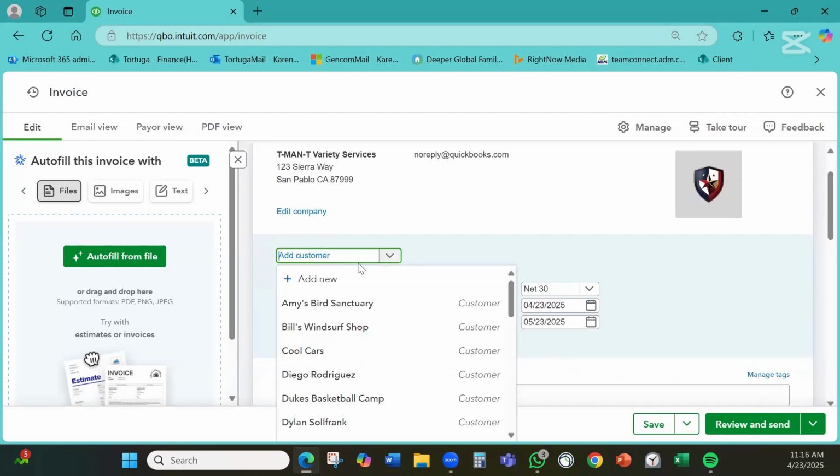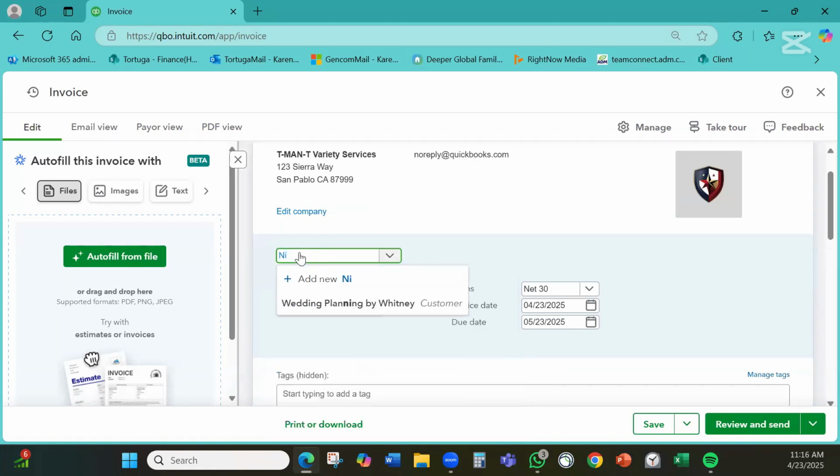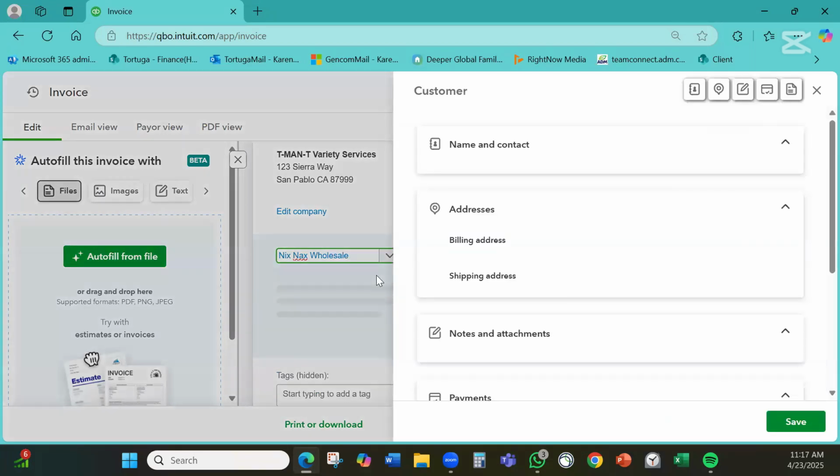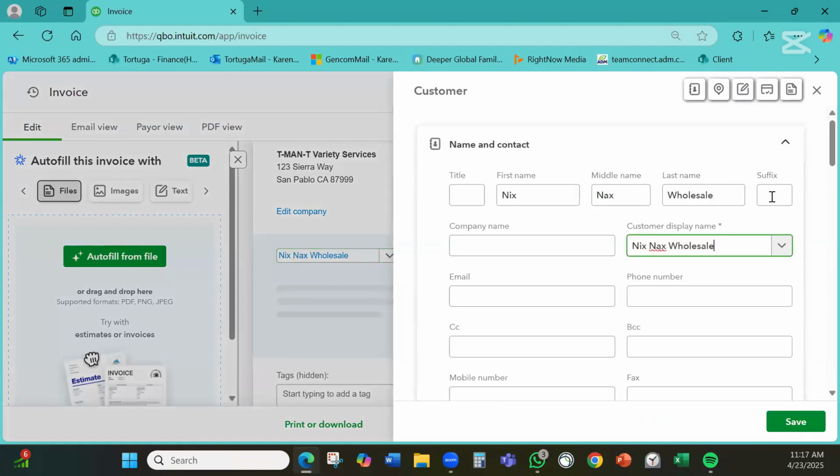So this is a list of customers they have, but I want to invoice somebody else. So I'm adding mixed snacks wholesale, and see, it just allows me to add it at the same time. It's telling me, okay, the customer is not there.